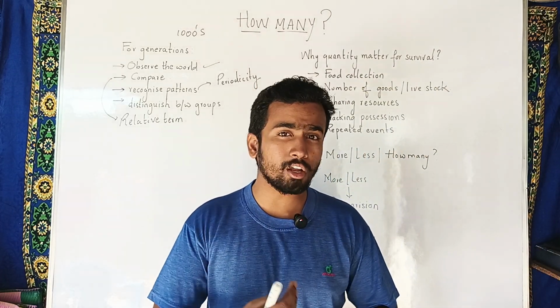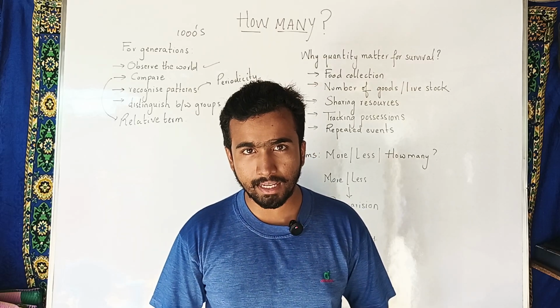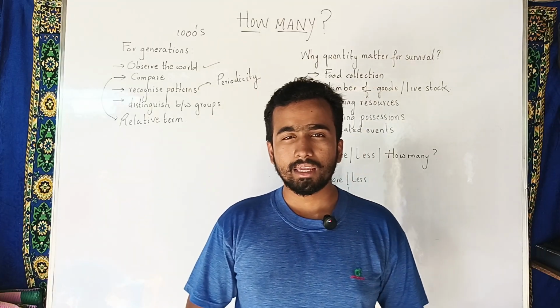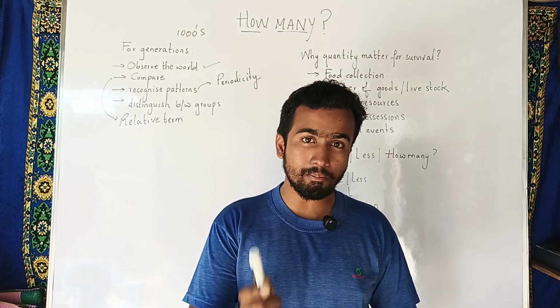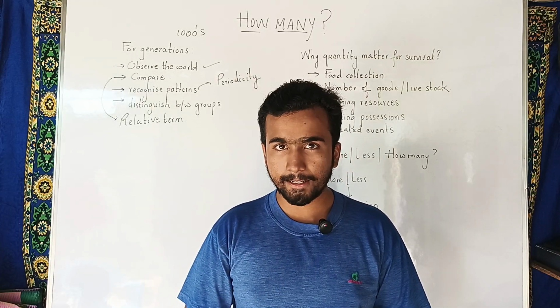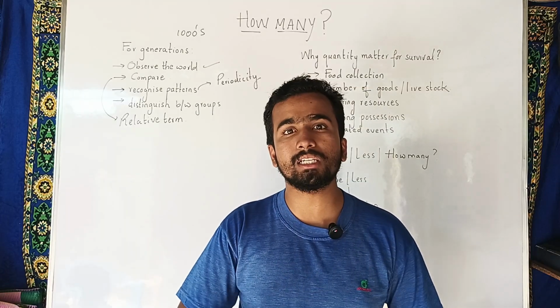I discussed a lot of examples with you, and one example I want to repeat is the passing of days. In a single day, we see morning, afternoon, evening, and night. Again, the next day the same pattern is repeated.